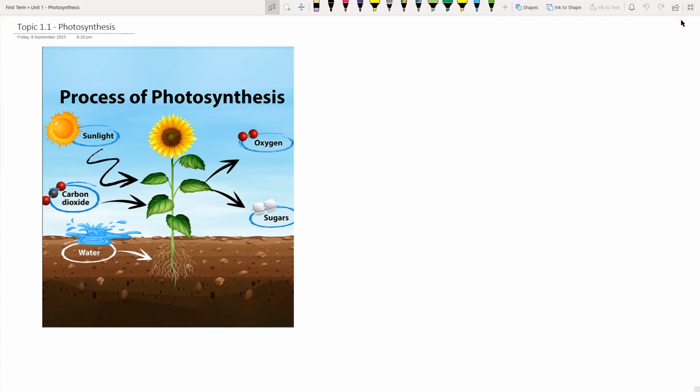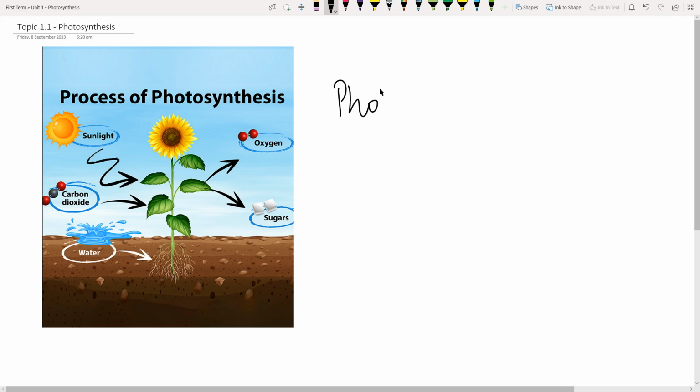This is topic 1.1, which is photosynthesis. When we talk about photosynthesis, we understand that photosynthesis is a process in which plants or organisms fix their own food. Photo, and then we're going to see what the word synthesize means.